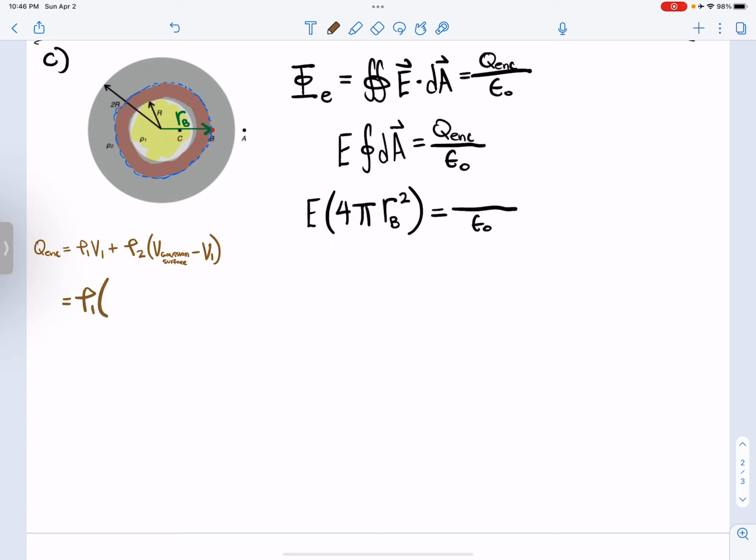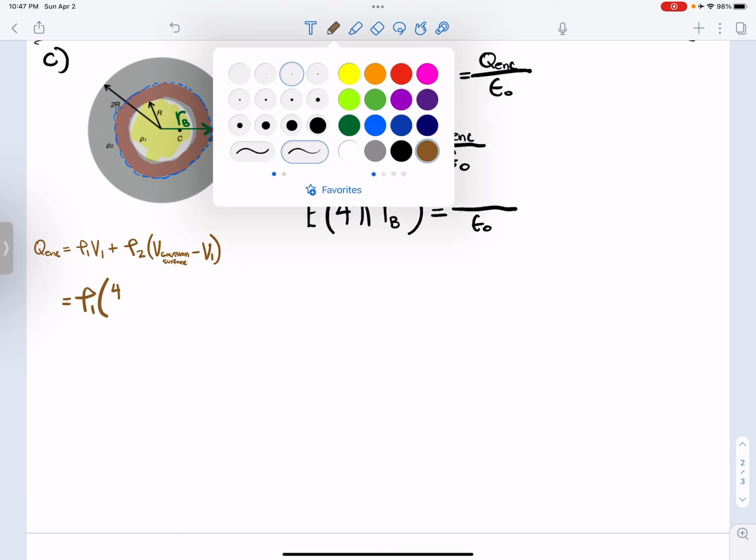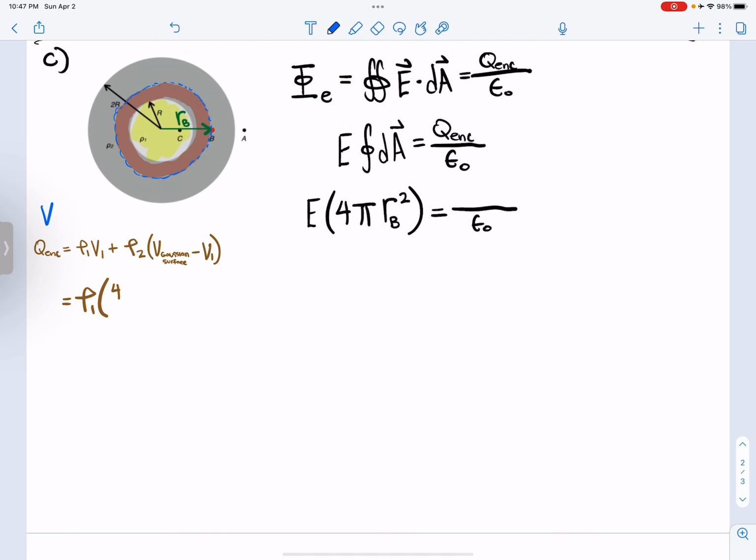So that is equal to rho 1 times V1. And what is V1? The volume of a sphere, V sphere, is 4 over 3 pi r cubed, okay? If you guys didn't know. So 4 over 3 pi, what is the radius of the inner sphere, which is V1?